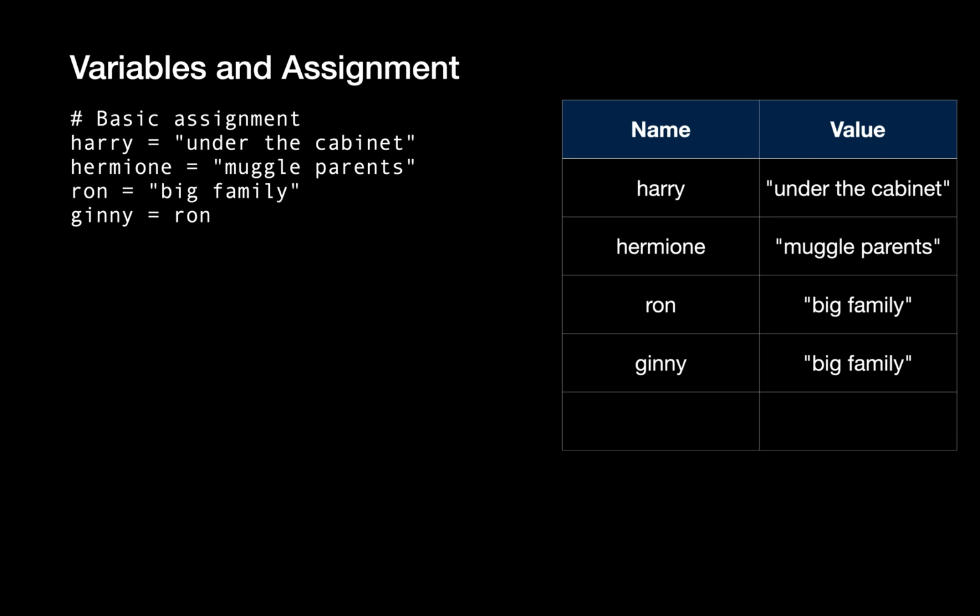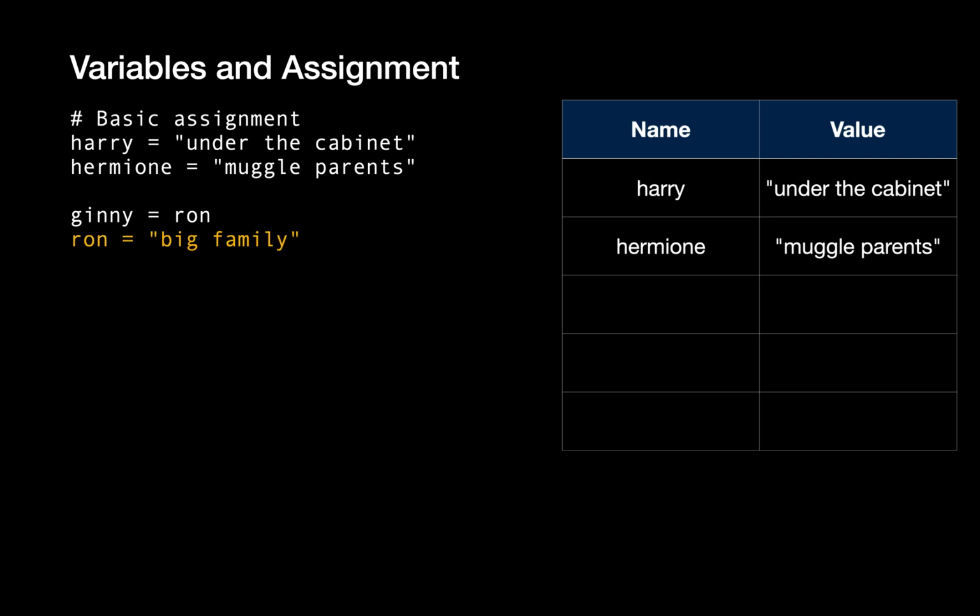Now, one important concept in reading code is that order matters. So for example, consider if I took the assignment to Ron and I put it after the assignment to Ginny. In this case, when I get to the line Ginny gets assigned the value Ron, the computer is going to look in the symbol table for the name Ron, but there is no name Ron in the table at that line of code.